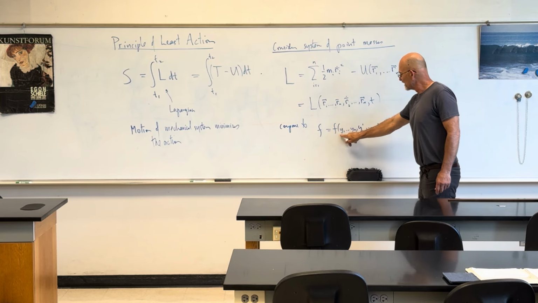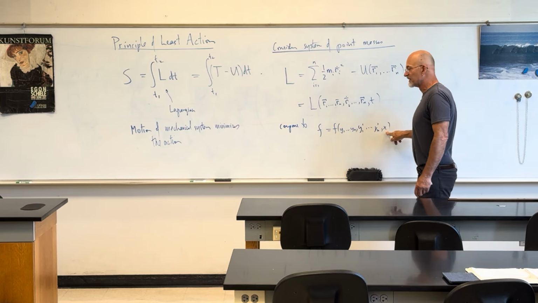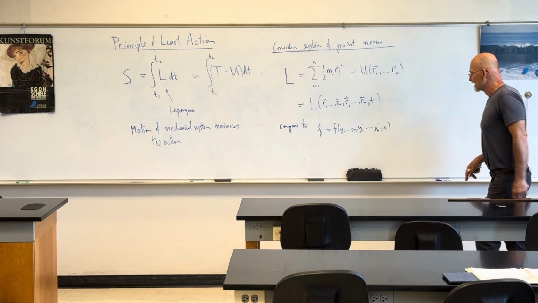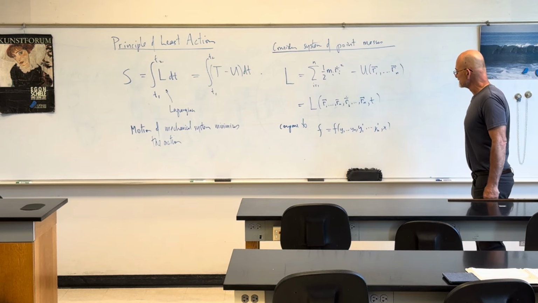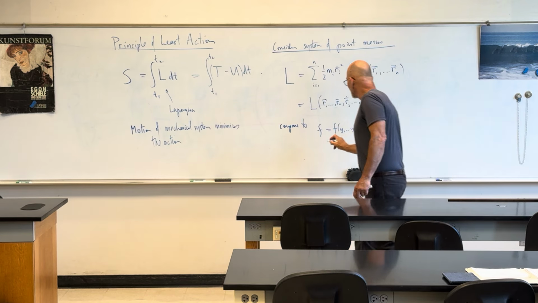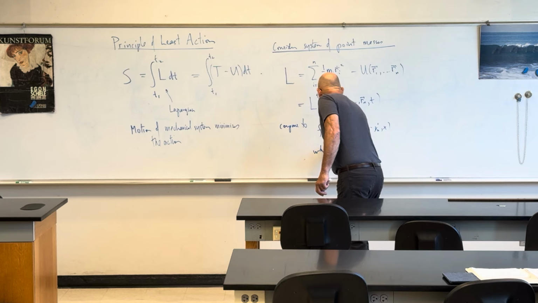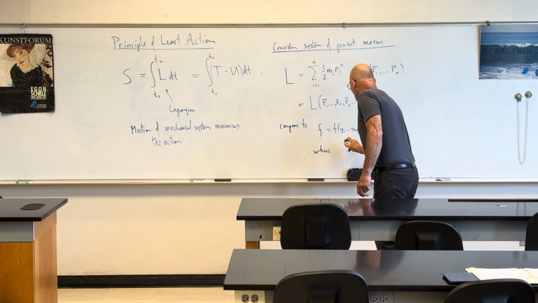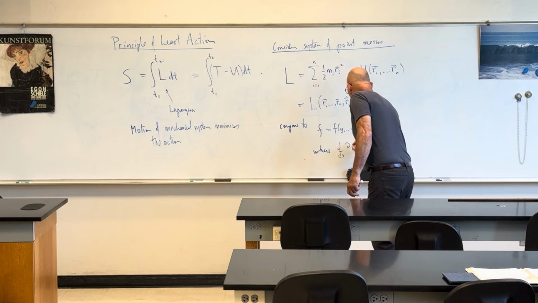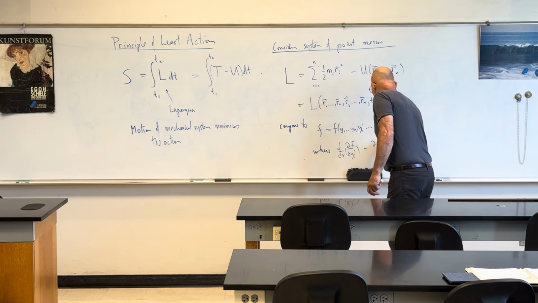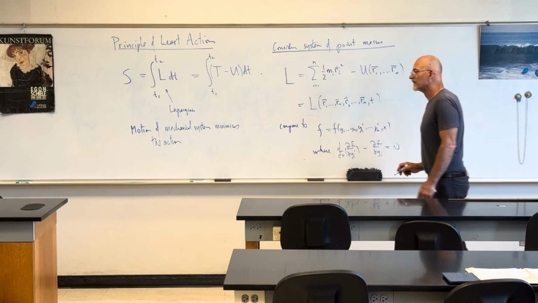So we're just going to inherit this result: d over dx of df/dy sub i prime minus df/dy sub i equals 0.